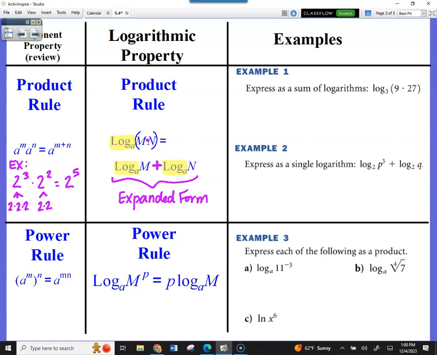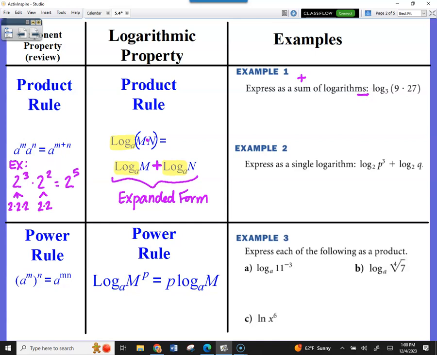So let's look at examples. Express as a sum of logarithms. You've got to learn how to read the directions and know what it's asking for. It wants you to write it out as a sum of multiple logs. They're literally guiding you to write it in expanded form. So look at it.